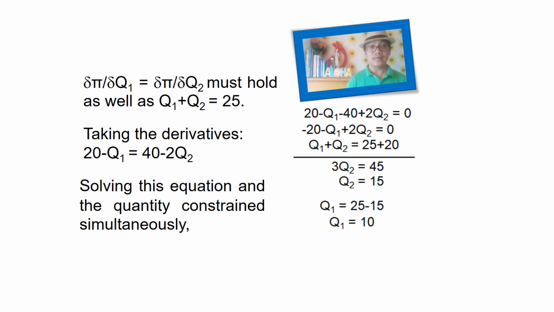Now, taking the derivatives, we have 20 minus q1 equals 40 minus q2. Solving this equation and the quantity constraint simultaneously, we have q1 equals 10 and q2 equals 15. Thus, q1 equals 10 and q2 equals 15 is the company's optimal solution.